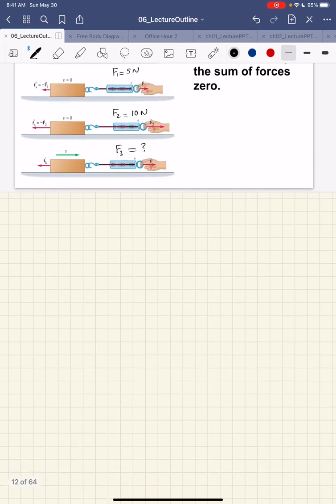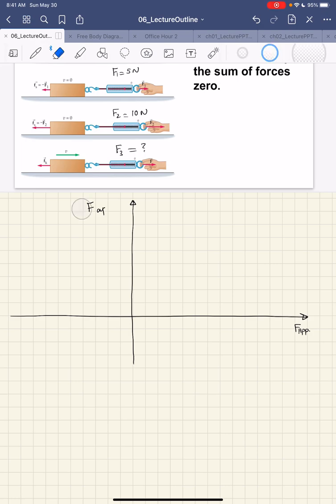I'm talking mainly about a situation when the object did not move yet or is about to move. Here it is F applied, and here I will say force of friction.